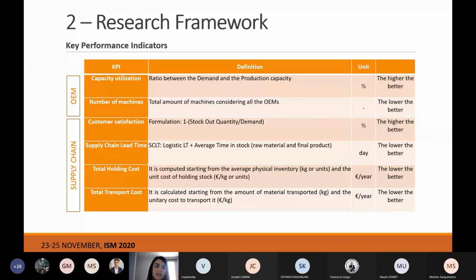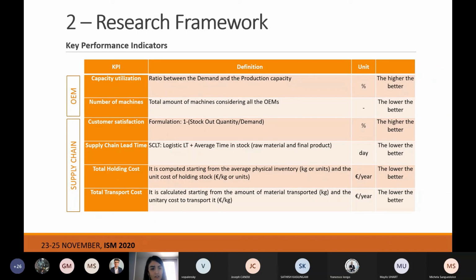Here you can see the six key performance indicators defined to evaluate the performance of the supply chain. The first two indicators allow us to evaluate the performance of the production phase. We have the capacity utilization, which reflects the machine saturation, and if more than one producer exists in the supply chain, an average value is calculated.